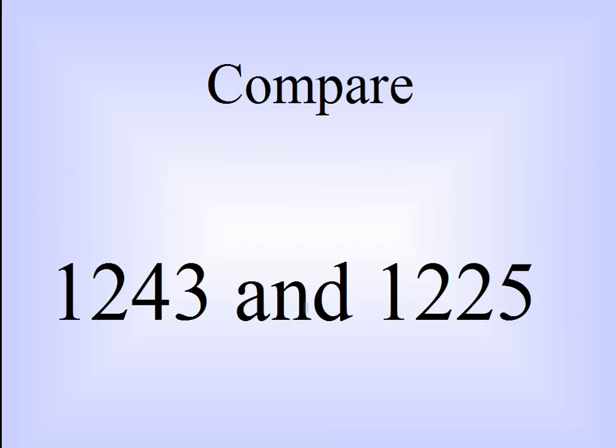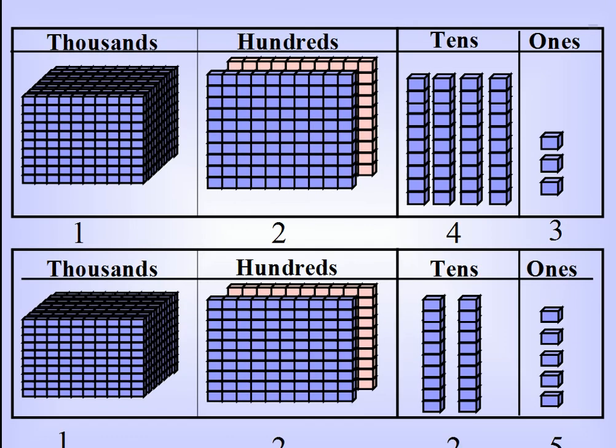All right, now we're going to start comparing with the thousands plates. 1,243 and 1,225. So this means we're going to have a 1,000 block. How many thousands do we have here? Well, in each one we only have 1,000, so we're going to have to go and compare to the next place. Well, I have 2 here and I have 2 here, so I'm going to have to move on to the tens.